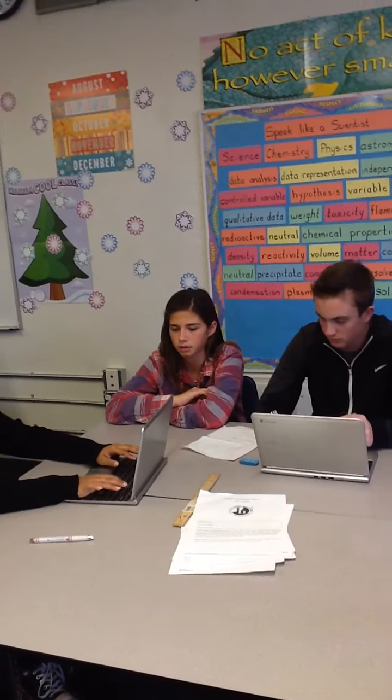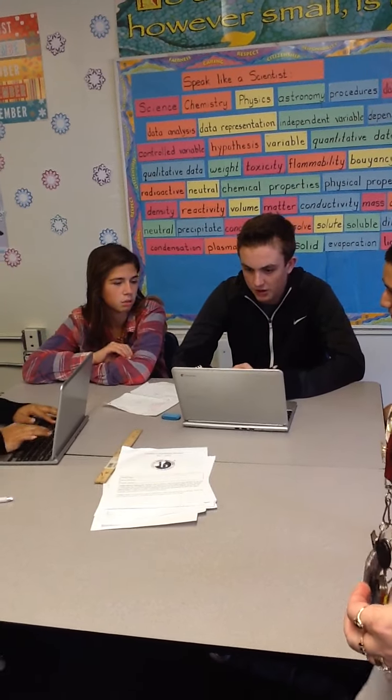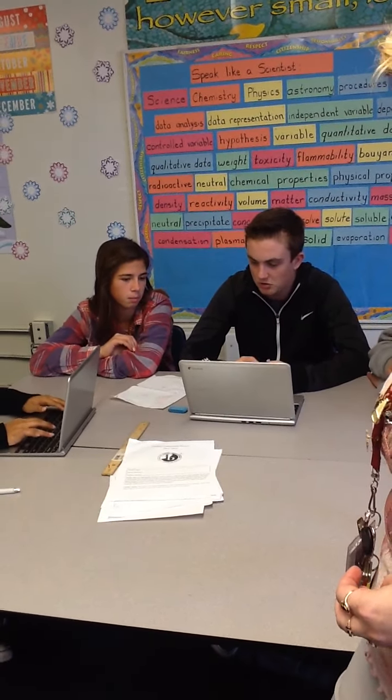Are you good? Yeah. Alright. And then our question is kind of like, what definition are we going to use? We shouldn't have like flashcards. If you get the question correct, you get to spin.